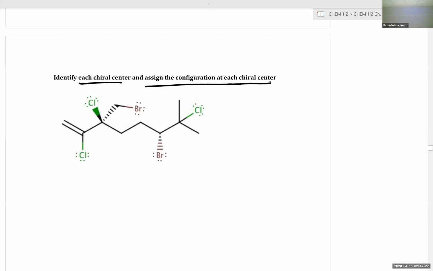And this one is a bit of a pain to make a model of, but I'll make a model just so that way everyone can see what's going on.